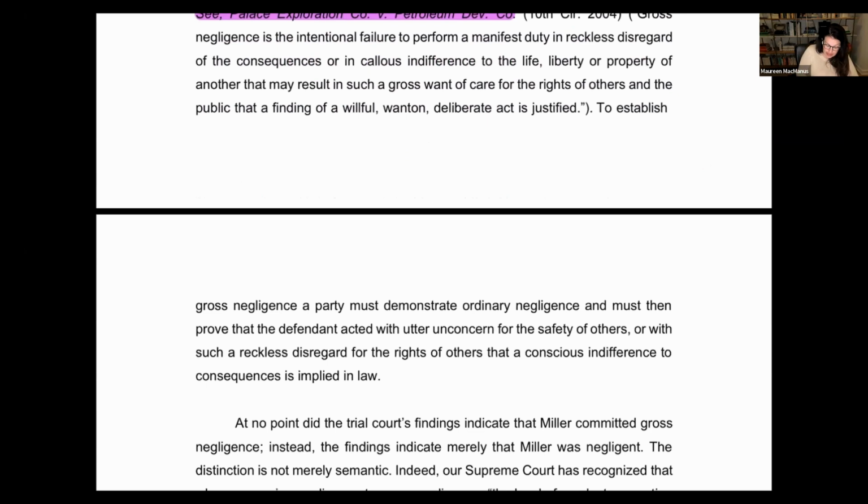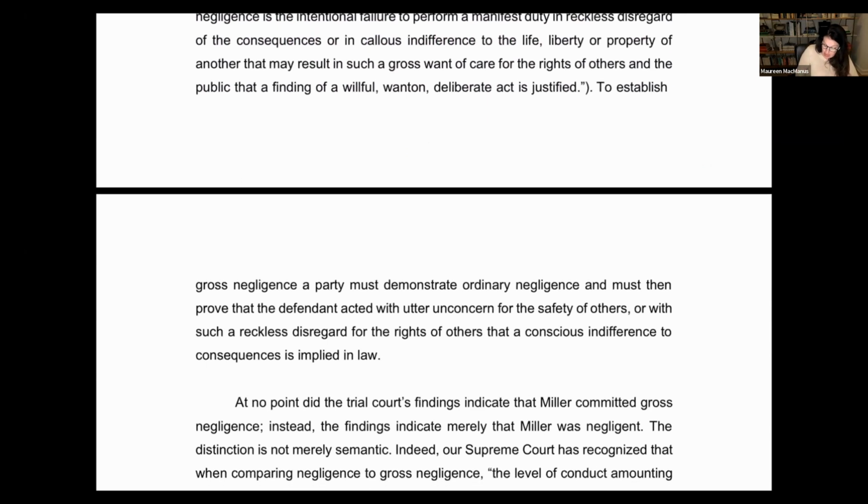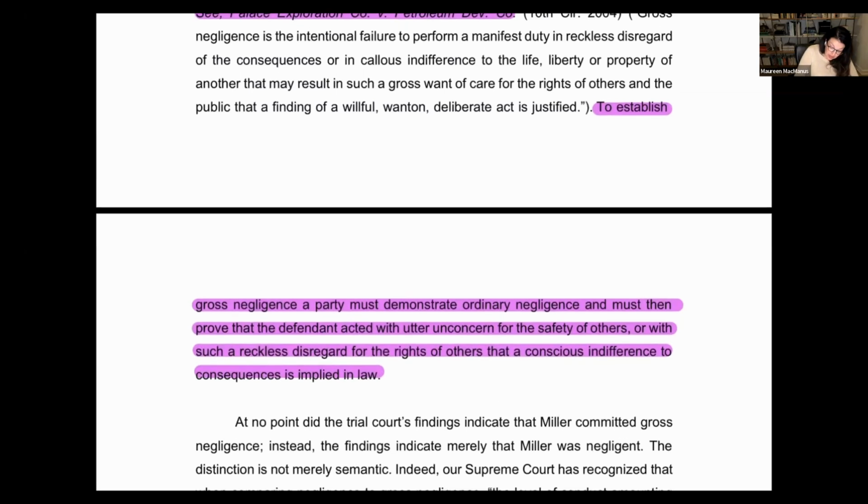To establish gross negligence, I do want to include this. A party must demonstrate ordinary negligence and must then prove that the defendant acted with utter unconcern for the safety of others or with such a reckless disregard for the rights of others that a conscious indifference to consequences is implied in law. So this is, again, another rule for gross negligence.